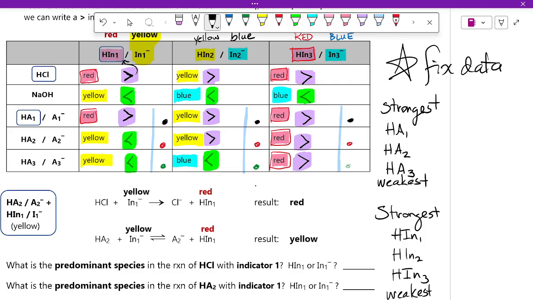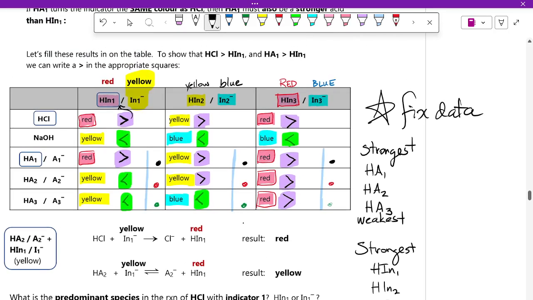How do we know? Remember, these point up to our indicator. HIN1 is facing the greater than, so it is stronger than NaOH, it is stronger than HA2, and it is stronger than HA3.